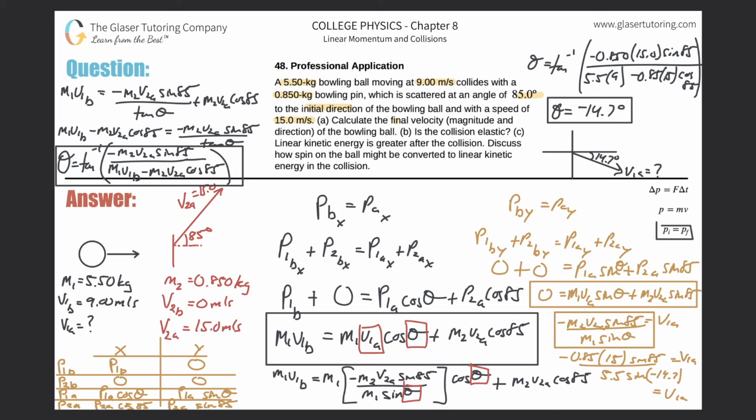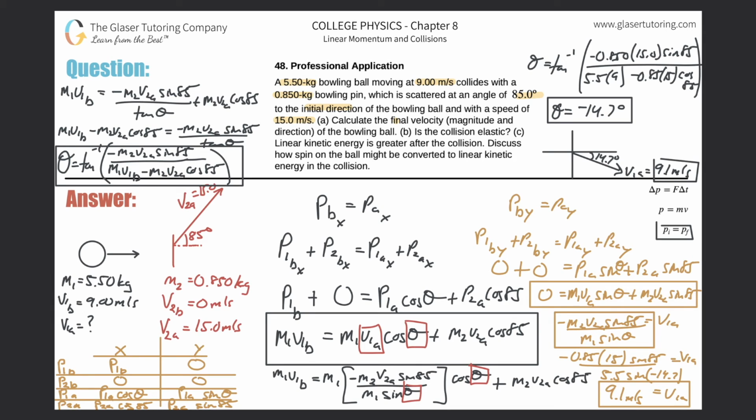And we get a value of about 9.1, right? So there's about 9.1, and that is meters per second. Okay, great, that takes care of V1A. So that would be the answer for V1A up here. Let me erase this question mark, and now V1A is, according to this, 9.1 meters per second.